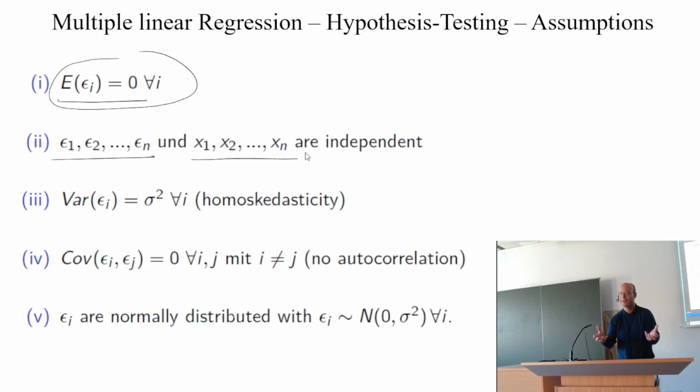But of course, in practice, it is really hard to find variables which do not influence each other. Of course, somehow the HR department depends on the marketing department and so on.